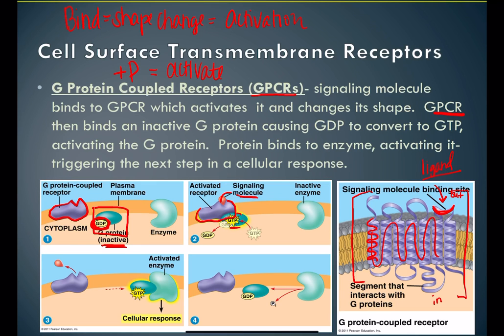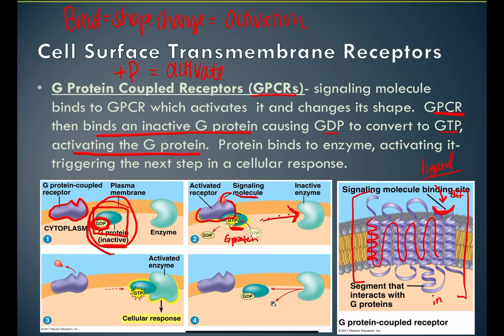To come back up here to our notes, the G protein coupled receptor binds to an inactive G protein, which is what we saw here, causing GDP to convert to GTP, which activates that protein. When that GDP gets converted, that is going to activate this G protein. Then that G protein can go on and affect something else, and what it's going to affect is this inactive enzyme.